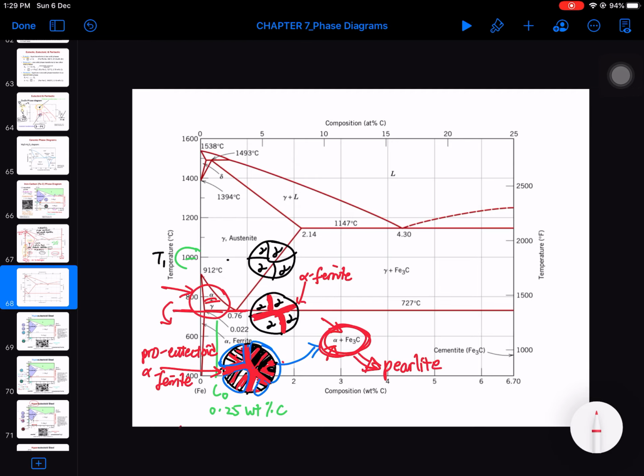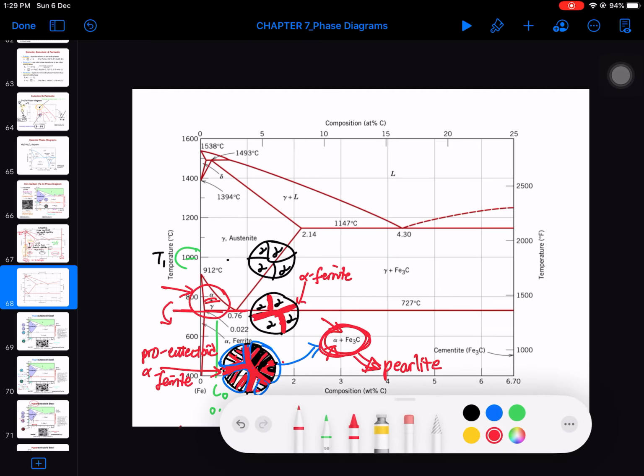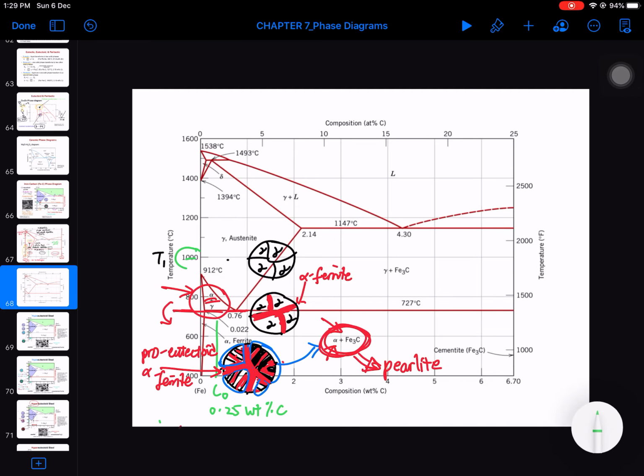So that's how it looks like. That is the microstructure development for a hypoeutectoid alloy. Hypoeutectoid means all the compositions that occur before you cross the line for the eutectoid composition.